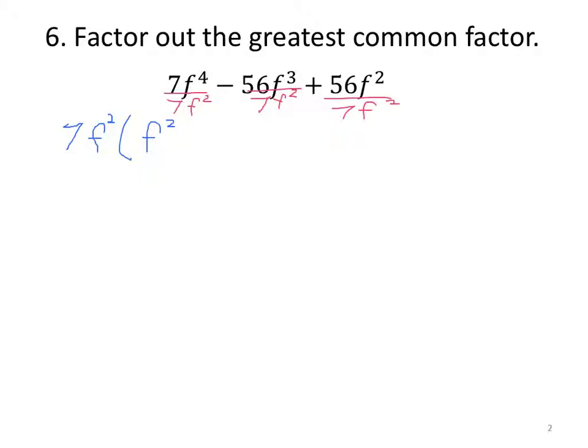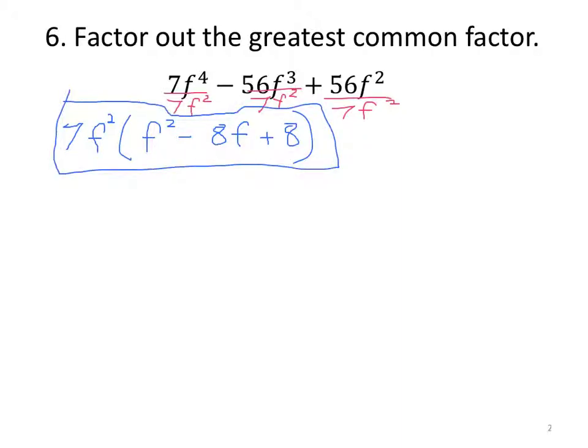In the second case, we have 8f, and in the third case, we have 8. And so that's it. We have factored out the greatest common factor, which is 7f squared, leaving us with f squared minus 8f plus 8.